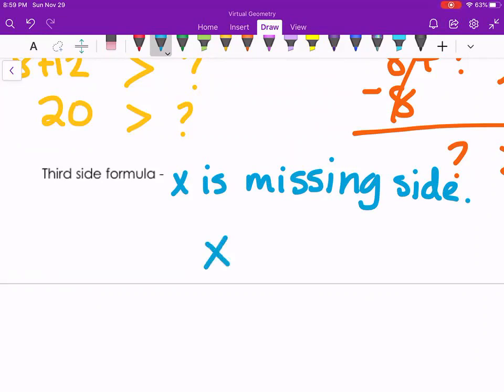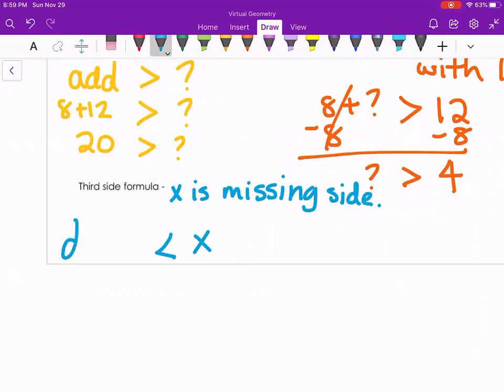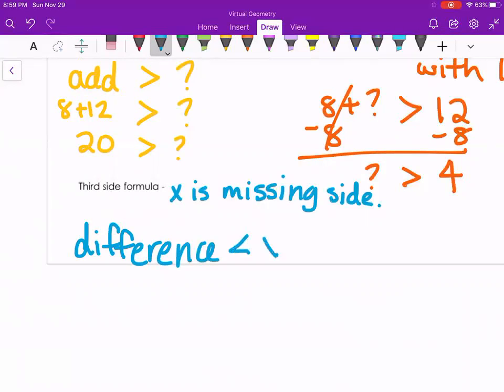My missing x has to be greater than the difference, but smaller than the sum.